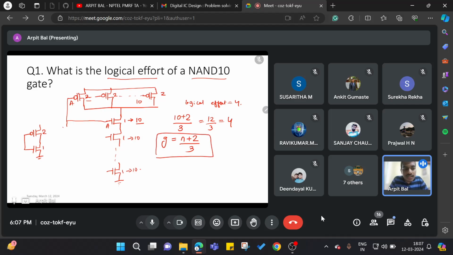But if you are stuck somewhere and you have a doubt, then I'll suggest you go with the first principles, like designing the entire circuit, then having the reference inverter, and then calculating the logical effort. If you use the formula directly, n represents the number of inputs, so in this case it is 10, so 10 plus 2 by 3, that will be again 4. Is everyone clear with this, or is there any doubt?